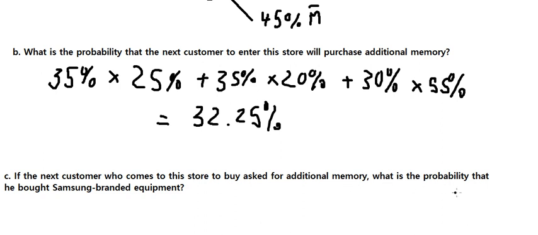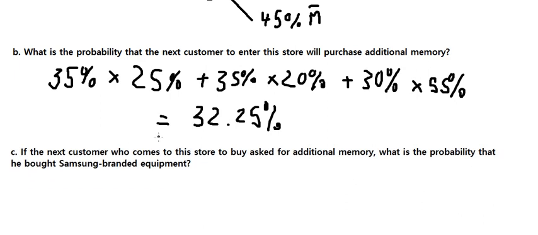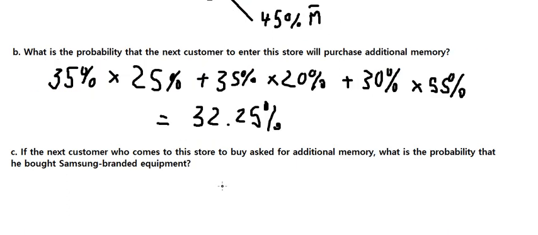The last one: if the next customer who comes to this store asks for additional memory, what is the probability that he bought the Samsung-branded equipment? For this one, Samsung is this one in here, and we divide this number, 35% multiplied by 20%.